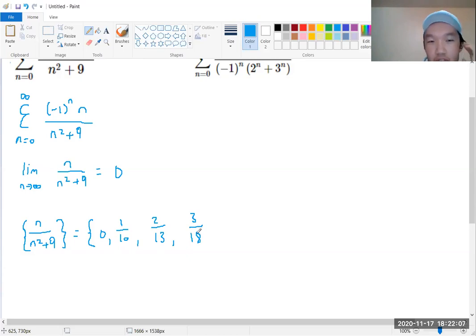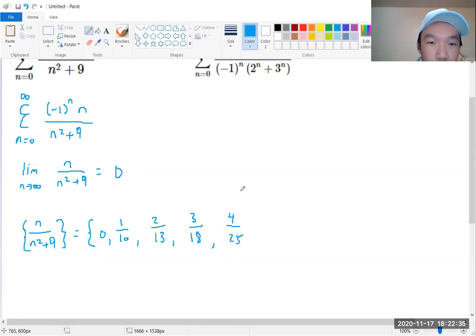Okay, yeah, this isn't obvious as to whether it's decreasing or not. Because it went from 0 to 1 over 10. That's not decreasing. 4 over 16 plus 9 is 25. Yeah, I can't really tell.